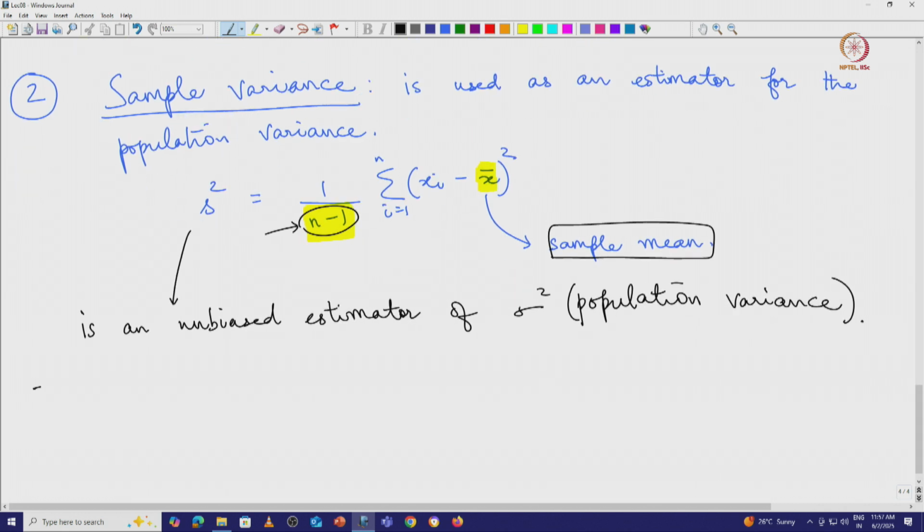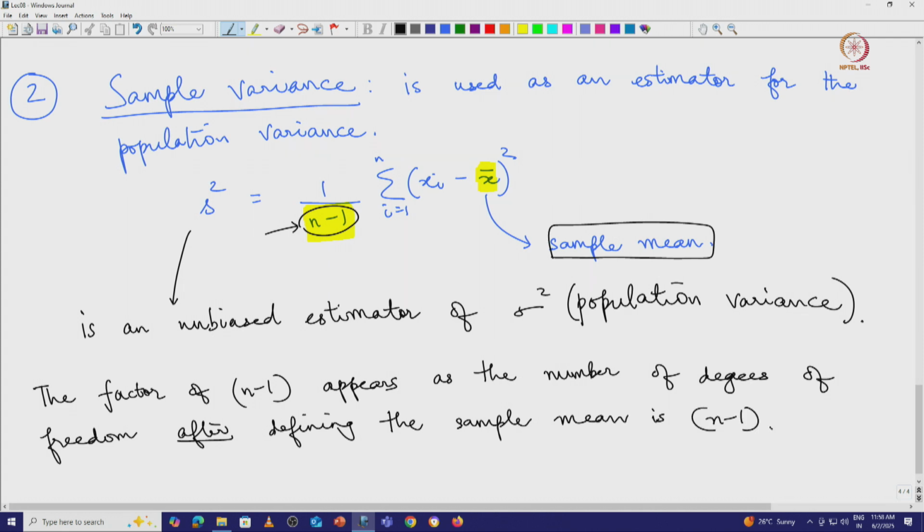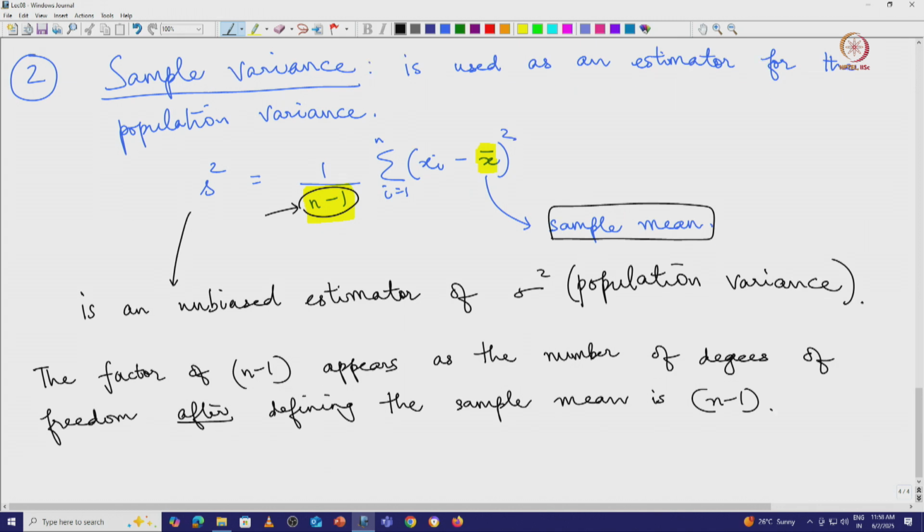So, the factor of n minus 1 appears as the number of degrees of freedom after defining the sample mean is n minus 1, because one equation is used up in defining the sample mean.